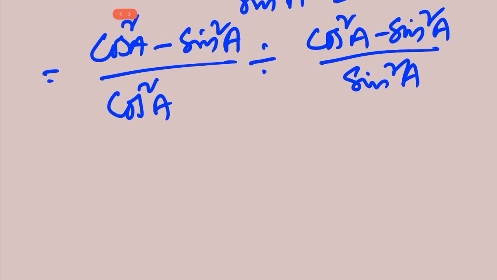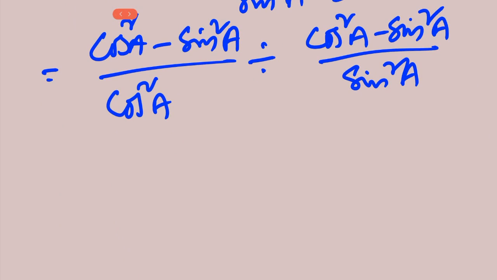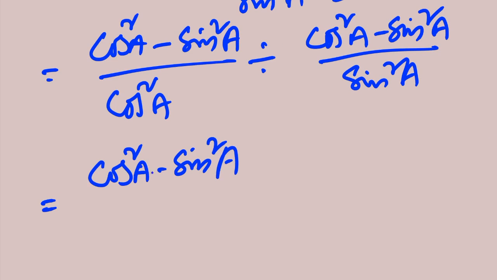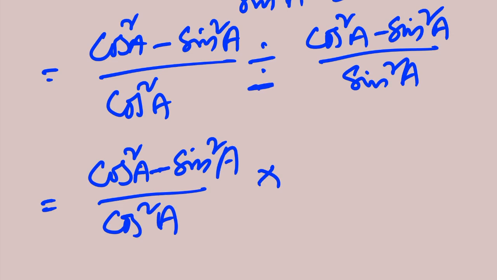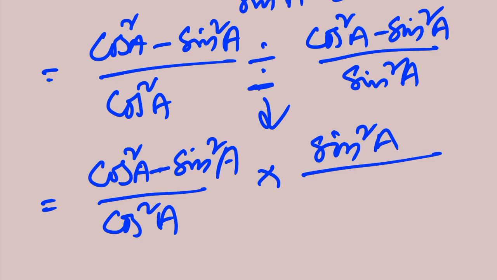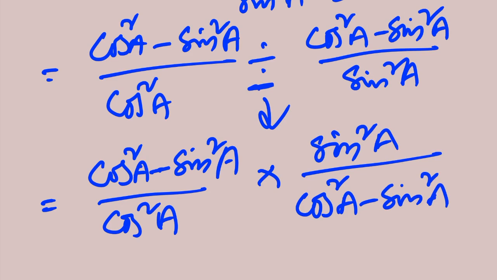So if I want to divide these two, I'll remove this division symbol, then I can write cos square a minus sine square a by cos square a, and if we change the symbol, then the second fraction becomes the reciprocal. So I can write sine square a by cos square a minus sine square a.